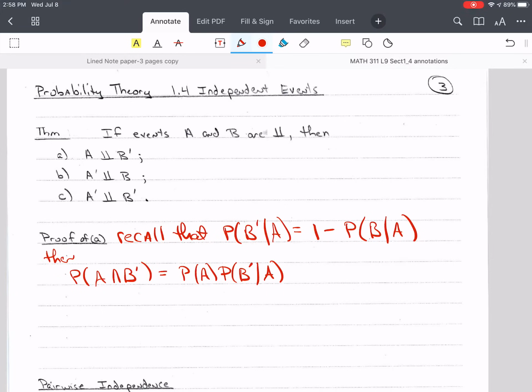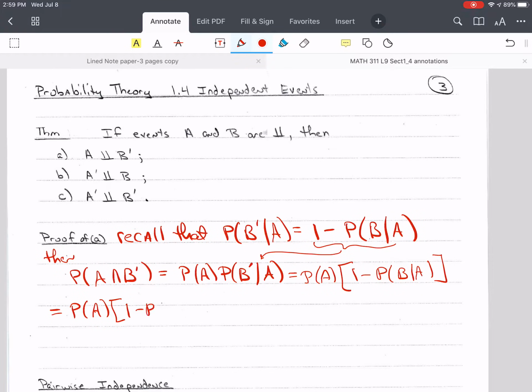So now we're going to substitute this statement in for here, which makes it the probability of A times 1 minus the probability of B given A. Now, this is equal to the probability of A times 1 minus the probability of B, because A and B are independent.